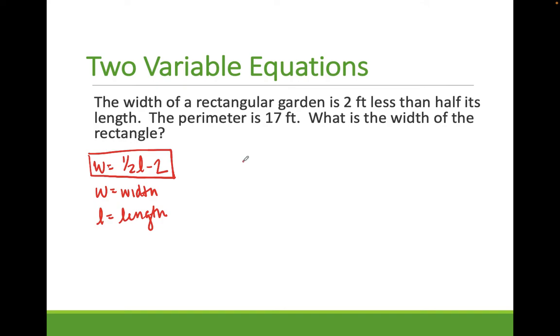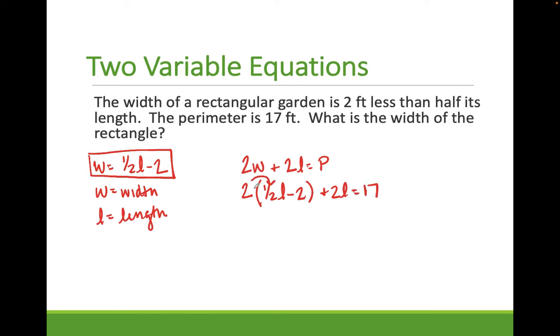When we go to write our equation, we have 2W plus 2L equals perimeter, is how you find the perimeter. Since W is 1/2 L minus 2, we're going to plug that entire quantity in for W. Plus 2L equals our perimeter of 17.